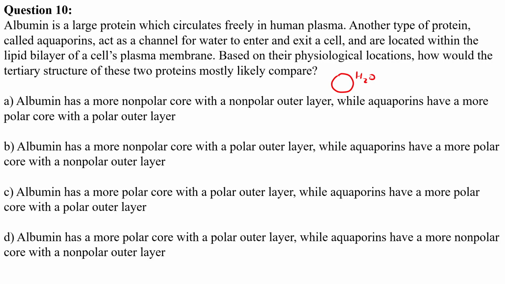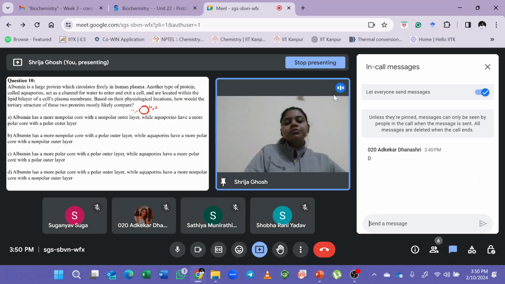Okay, water molecules are surrounding this protein. So, what should be there on the surface of the albumin protein? Whether the surface should be polar or non-polar. Albumin's outer layer should be polar or non-polar? Tell me.